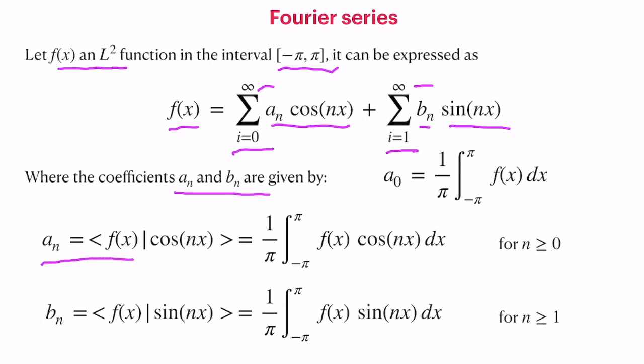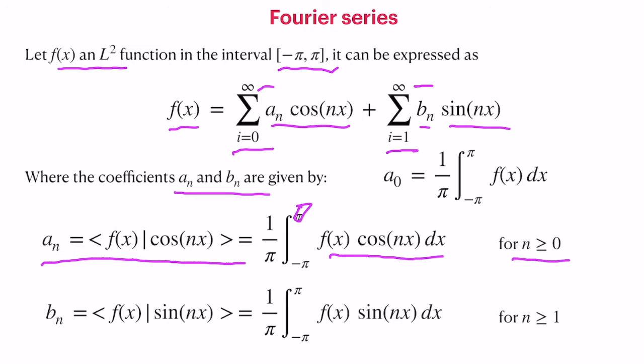So an is given as the projection of f of x on cos nx, that is, a normalizing constant 1 by pi, then the integral going from minus pi to plus pi of f of x cos nx dx.